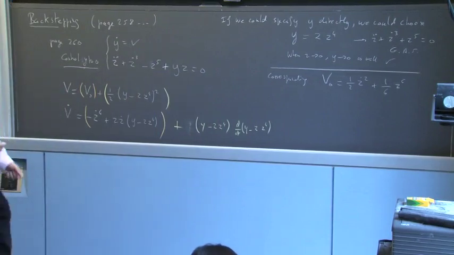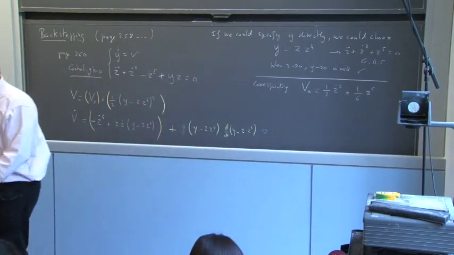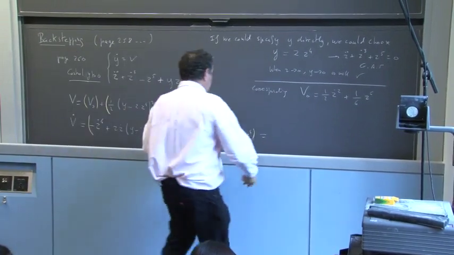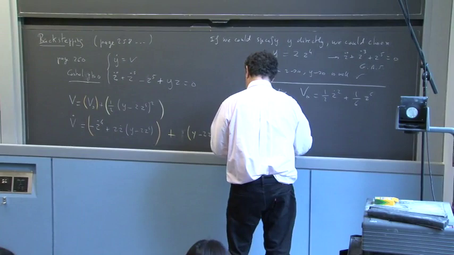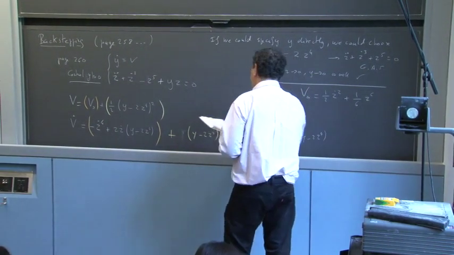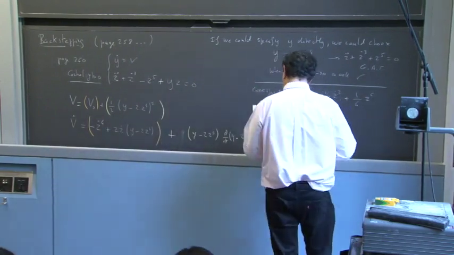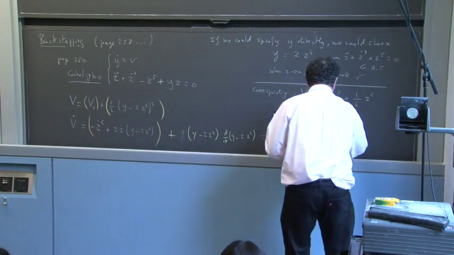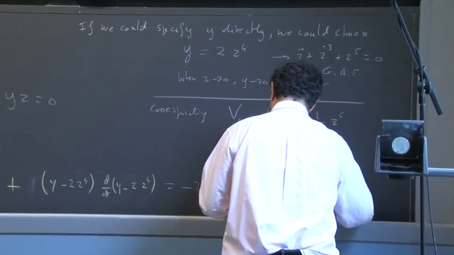So if you regroup everything, you'll find, let's get the algebra here, minus z dot to the 4 as usual, plus y minus 2z^4, which factors out here and here. And then v minus 8z cubed z dot minus z z dot.